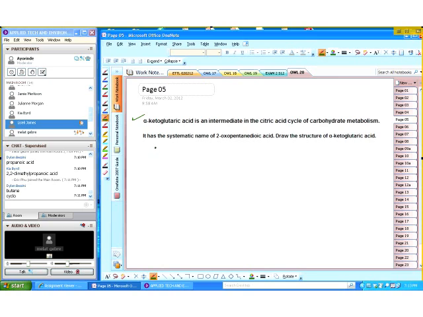It has the systematic name of 2-oxo-pentanedioic acid. Draw the structure of alpha ketoglutaric acid. Okay, this is something new to you guys. Now, what you have here are very good, by the way. I noticed that you have problem with your internet, Melat, so I'm glad that you are back.